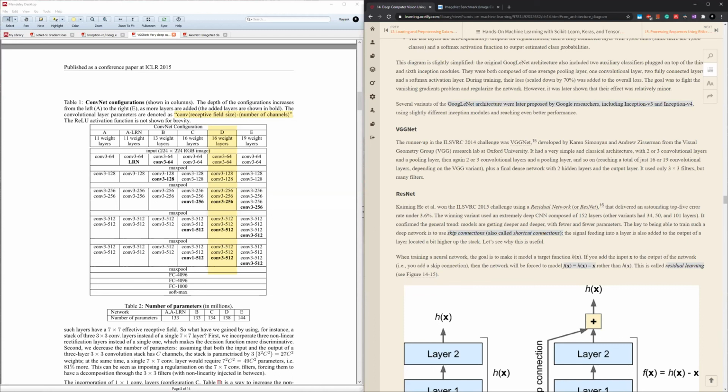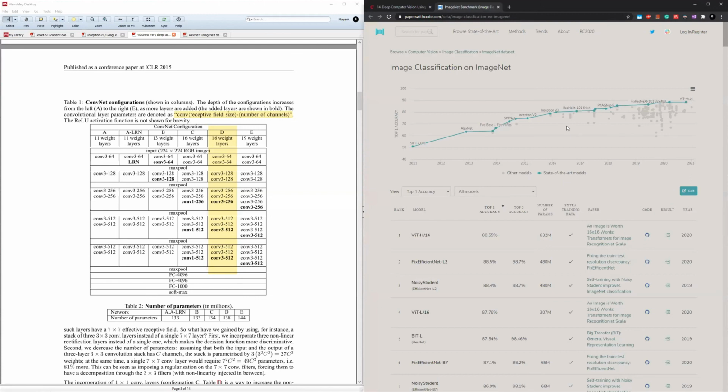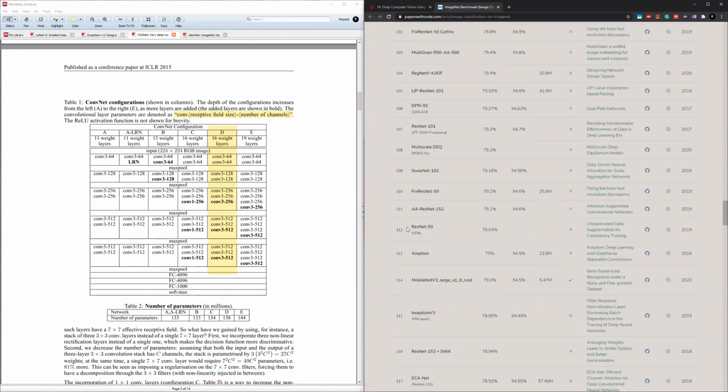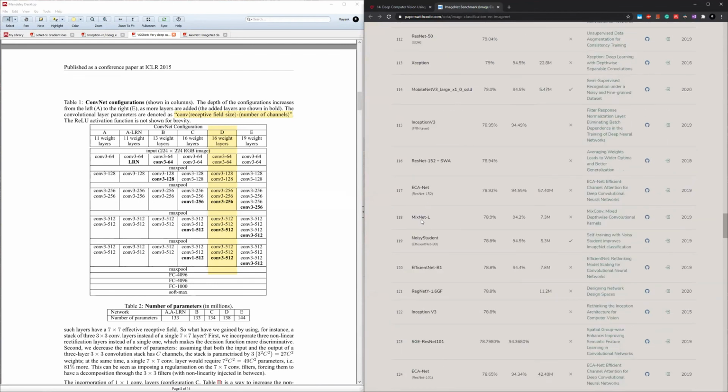Totally agree. It's just interesting that on the Papers with Code website, VGG 19 is number 184 on the list of performance. So there's a lot that's happened since then.